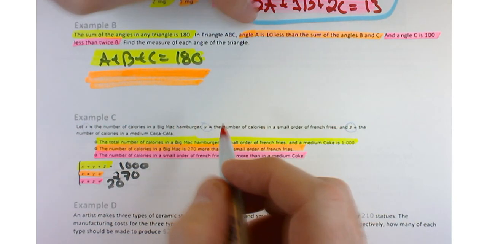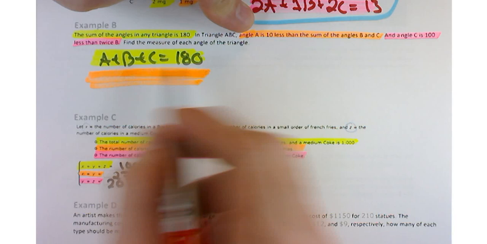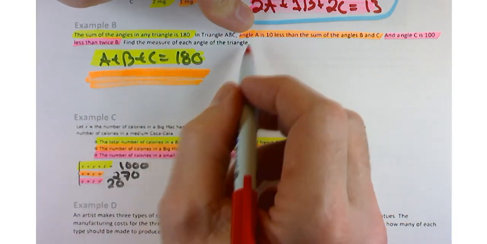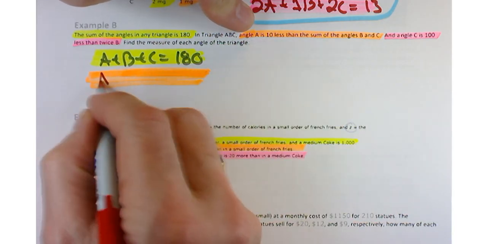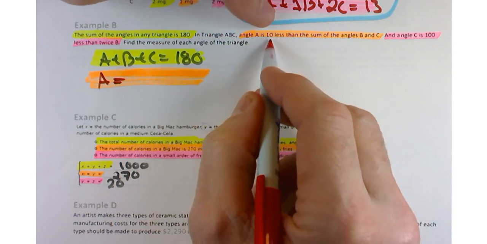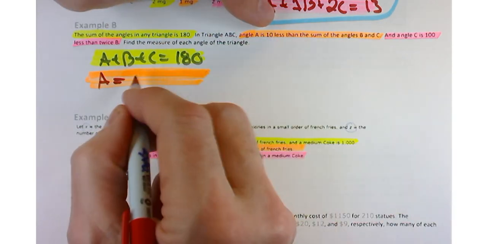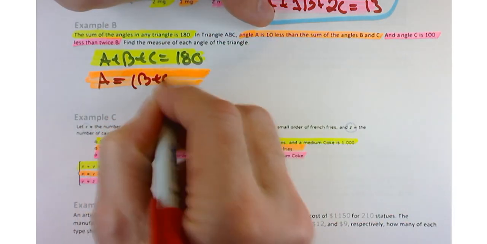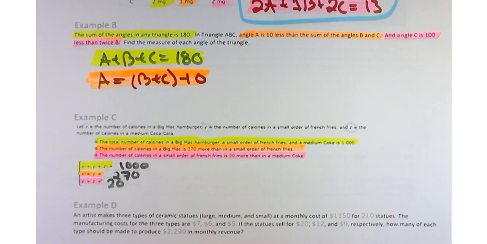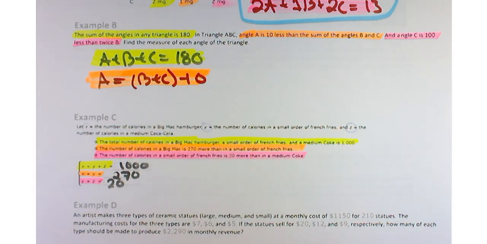Yeah. Now, I'll write it down in a slightly different order, but it's the same thing. Angle A is 10 less than the sum of B and C, so you've got B plus C minus 10. When it comes to solving this, we're going to rearrange those terms a little bit.